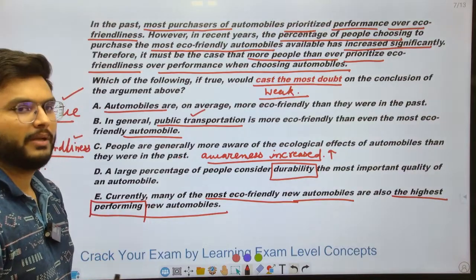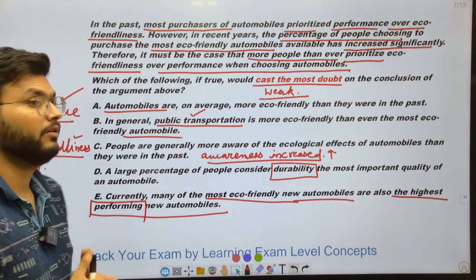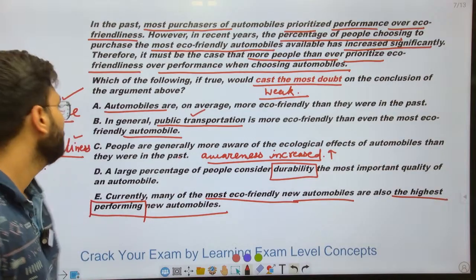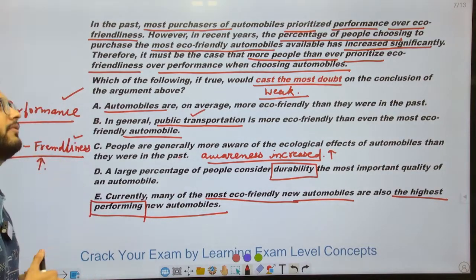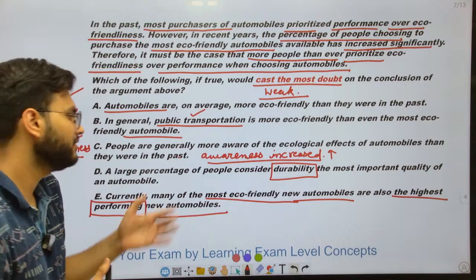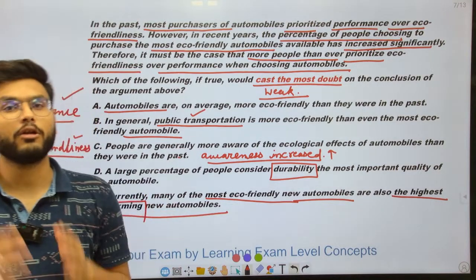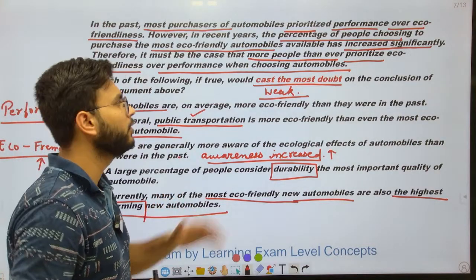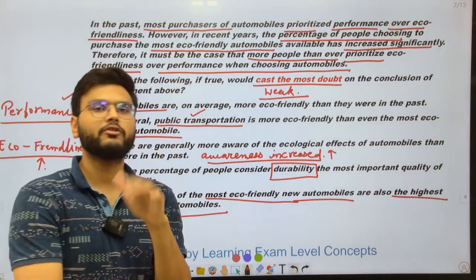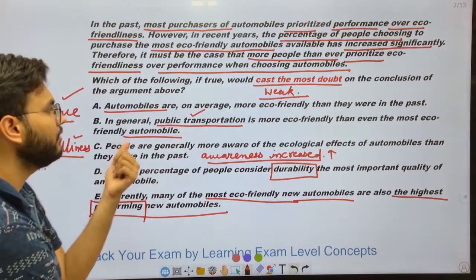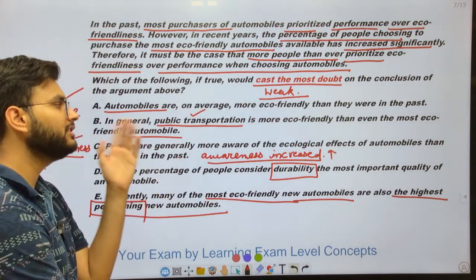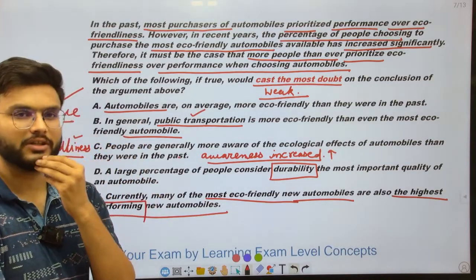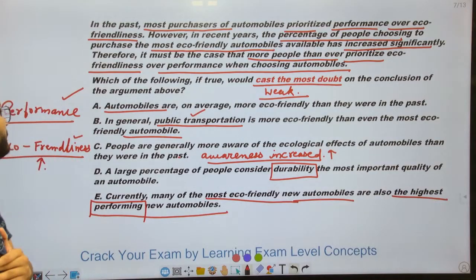It means people have not shifted their point of view from performance to eco-friendliness. These new eco-friendly vehicles are already high performing vehicles, so people might have moved to them. So it gives me a reason that now I can counter the author's claim. It reduces the persuasiveness of the author that we have shifted from performance to eco-friendliness.